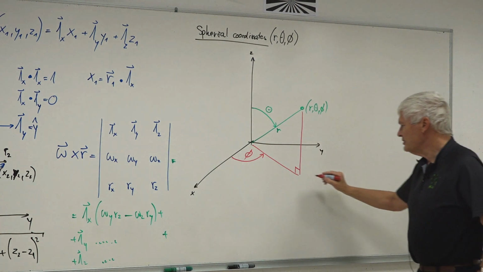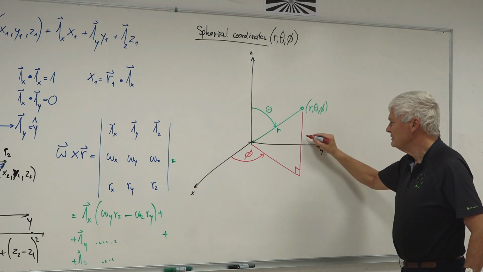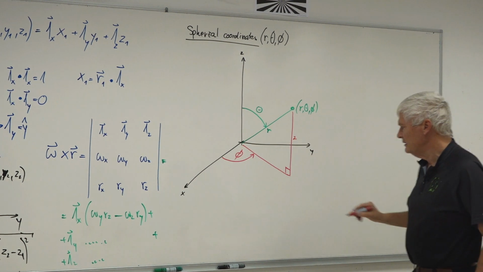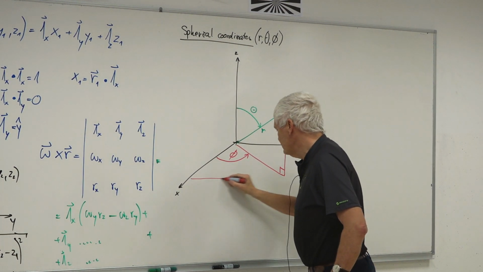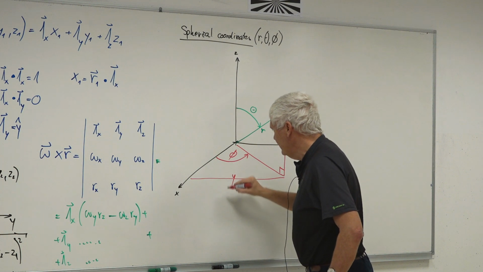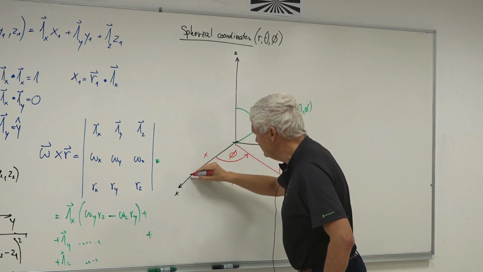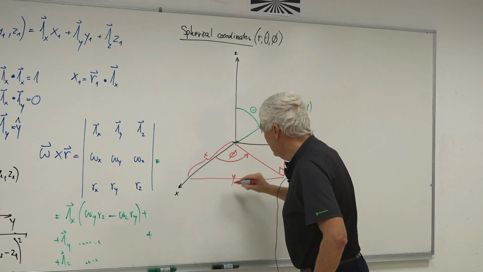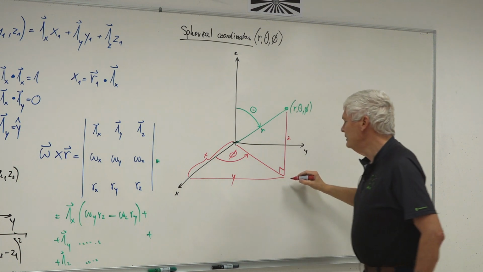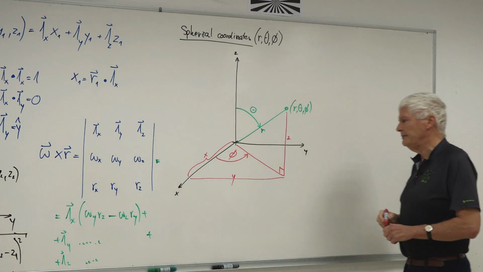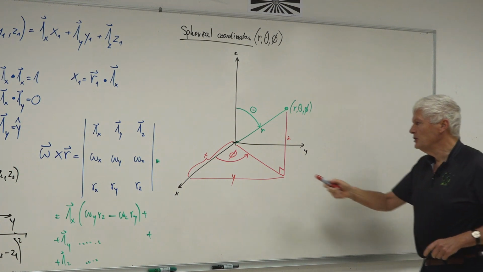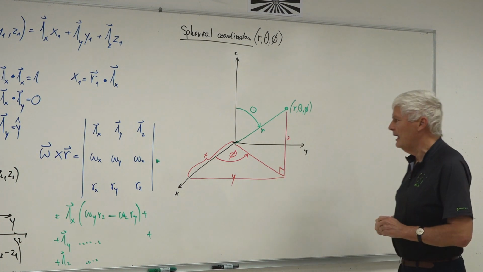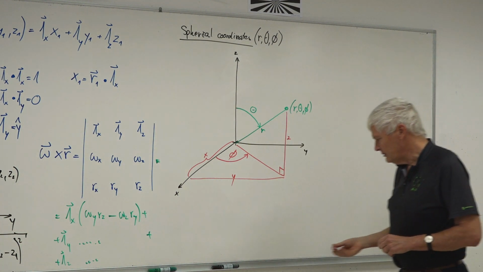And this is the projection in the xy plane, so this is actually z, the coordinate z. In Cartesian coordinates, this is the coordinate y, and this is the coordinate x. So x is here, y is this distance here, this projection in the plane xy. So longitude, polar distance, and r. Those are the values we have here.